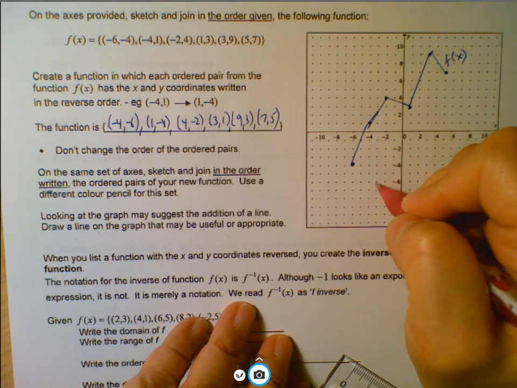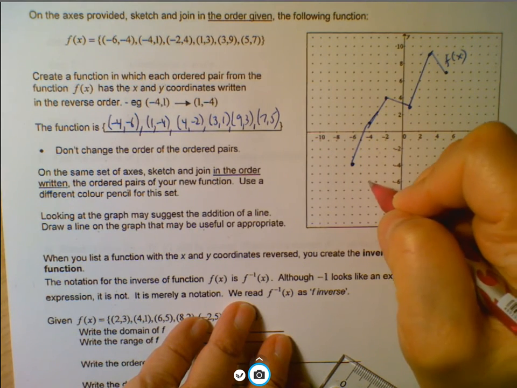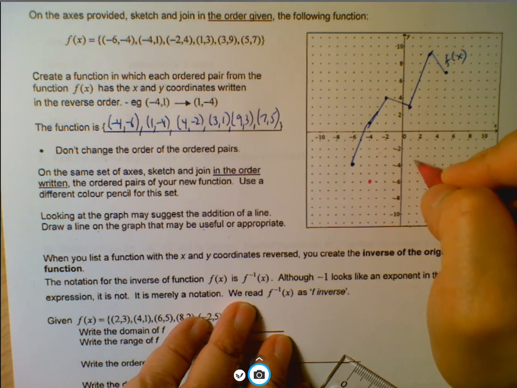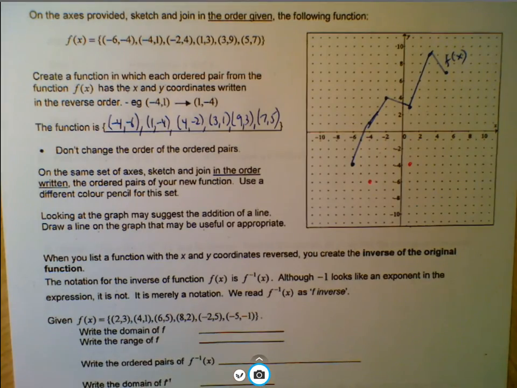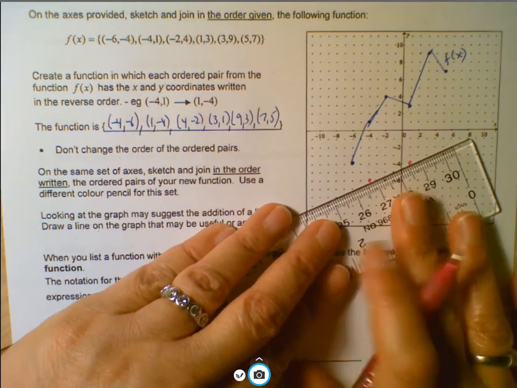So -4, -6 is over here. And 1, -4 is over here. So as you get the points, let's connect them.